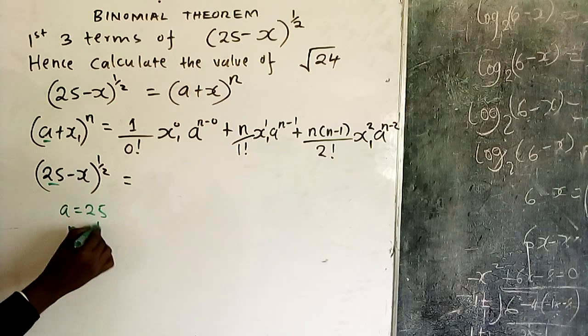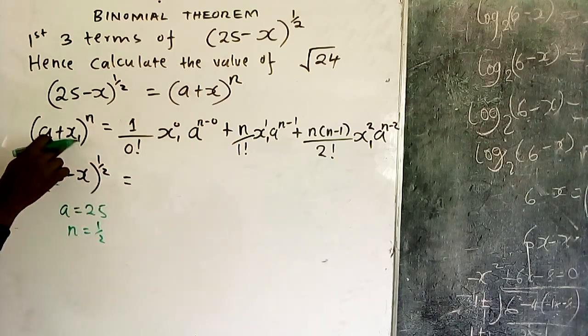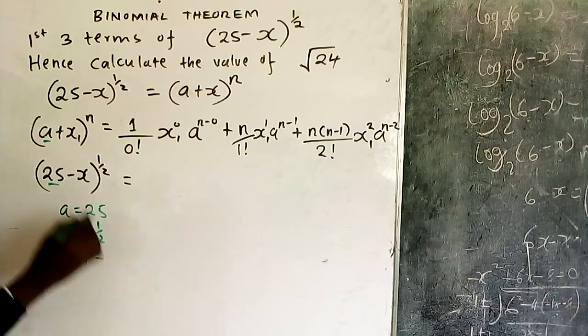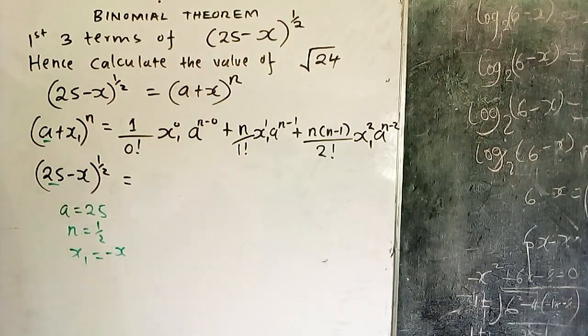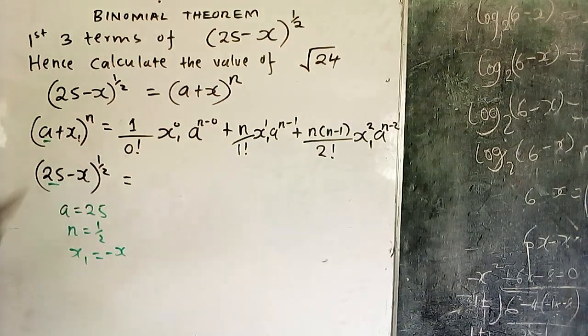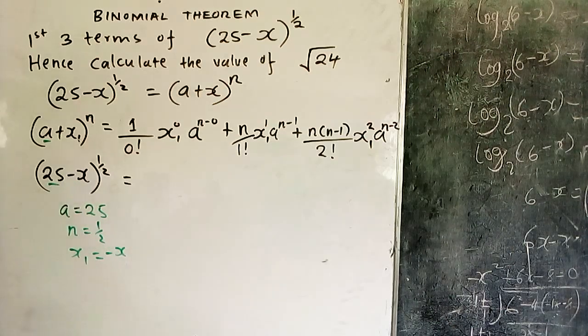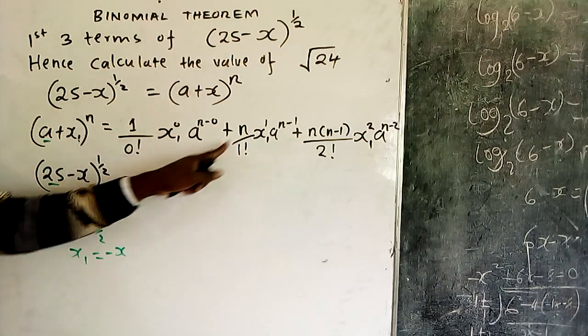The position of n is occupied by a half, meaning n equals a half. And x1 is negative x, because it's supposed to be plus, so it is plus negative x, meaning our x1 is negative x. So what we do in this formula is just substitute.